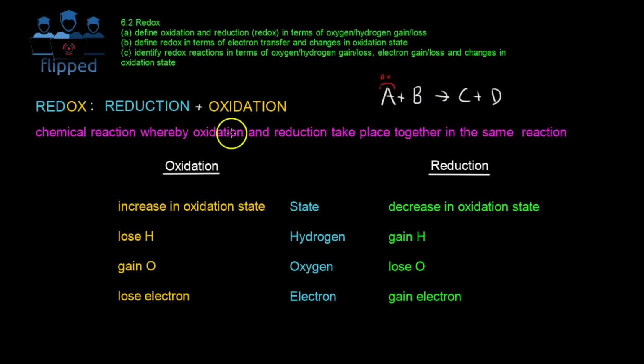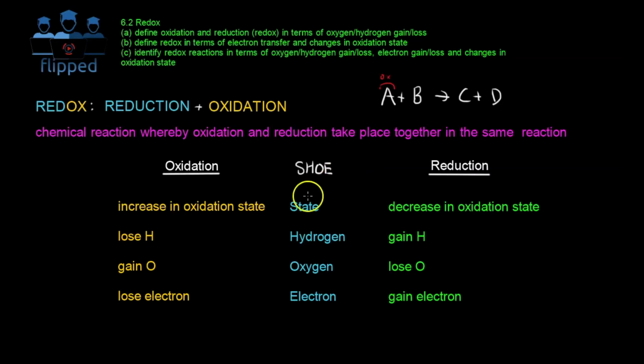Okay, so what exactly is a reduction and oxidation? It basically has four meanings. It can be in terms of state, in terms of hydrogen, in terms of oxygen, in terms of electron. So basically, oxidation and reduction have four meanings in terms of SHOE: state, hydrogen, oxygen, or electron.